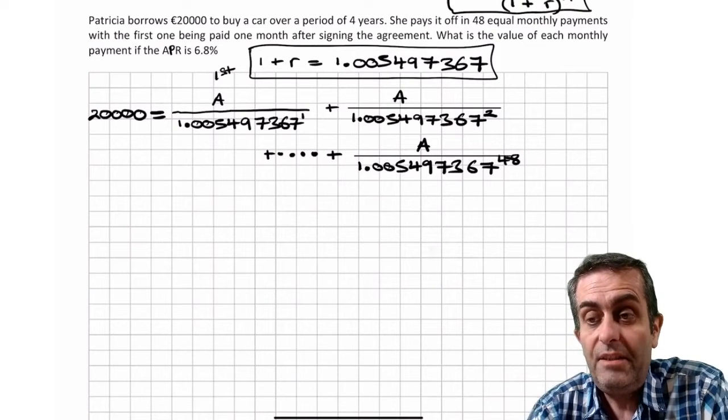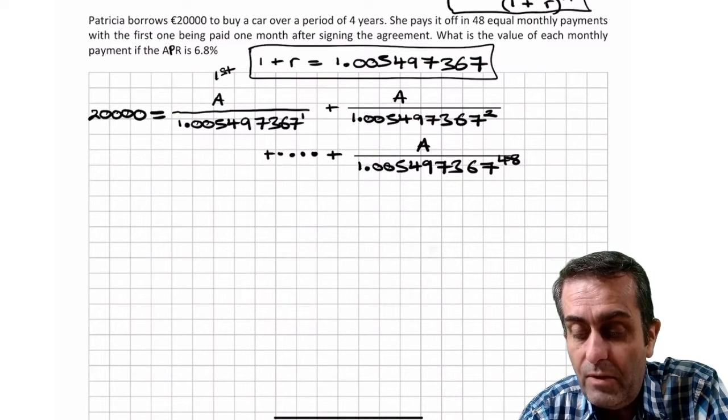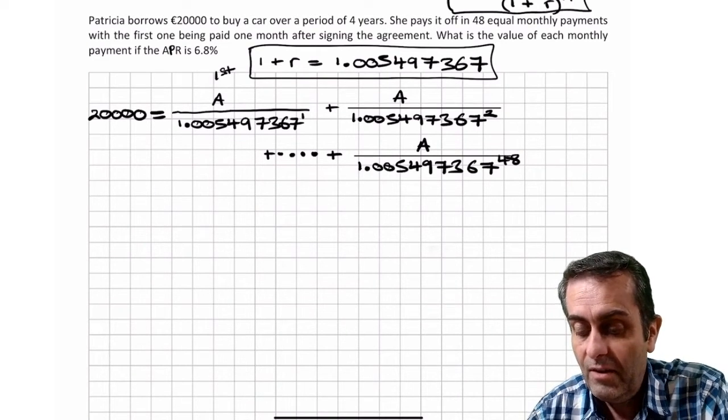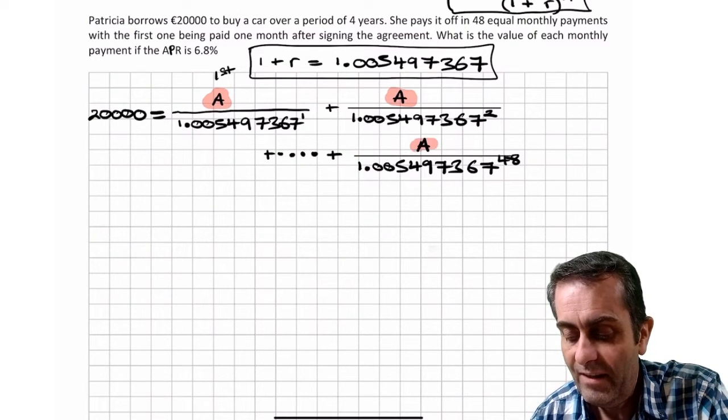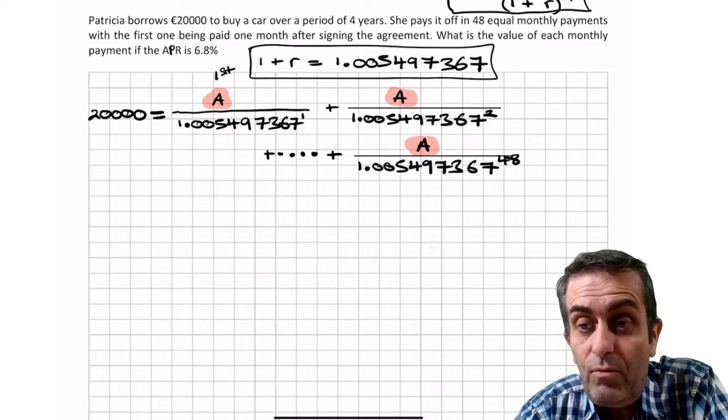Now, a little bit like what we did in the savings account question, I'm going to notice that we have an A everywhere. We have an A there, an A there, an A there. Every single one of those A's is the same.